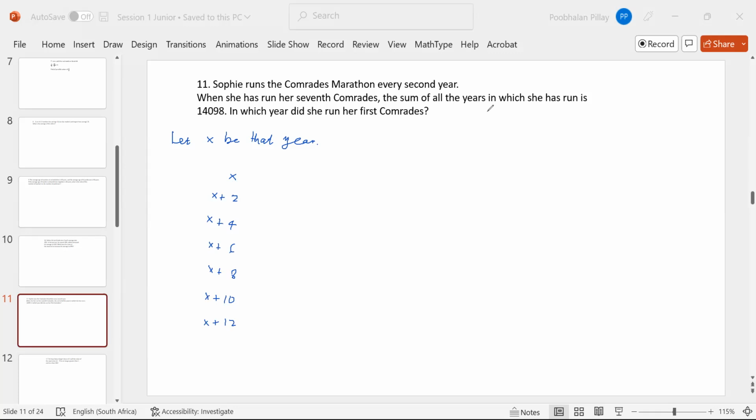And if you sum all the years in which she has run, in other words, when you add all these numbers, you're going to get 14,098.